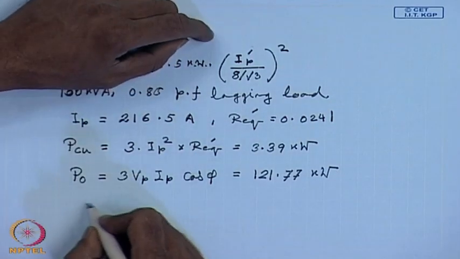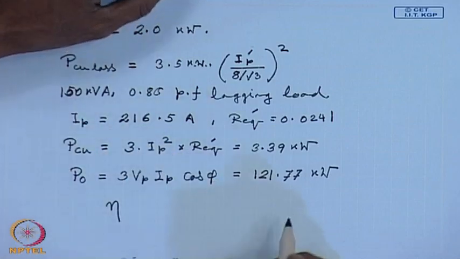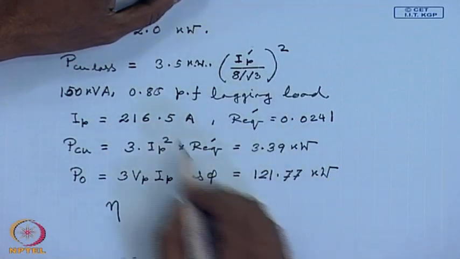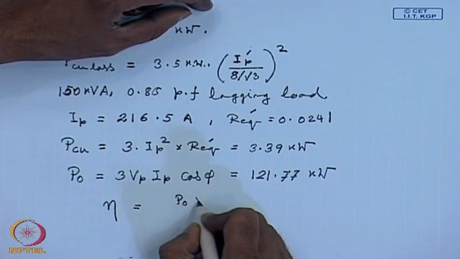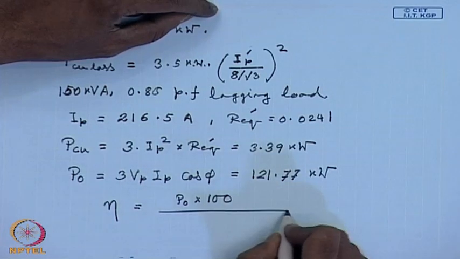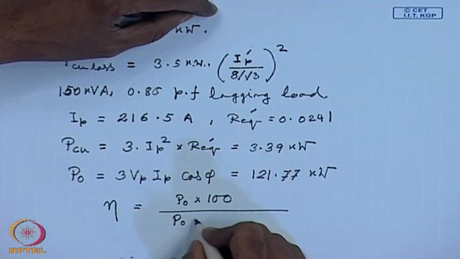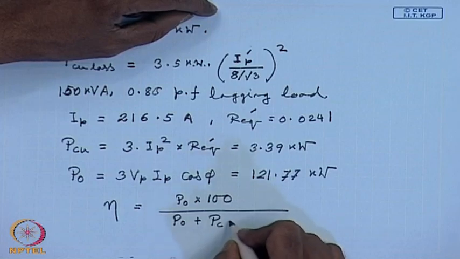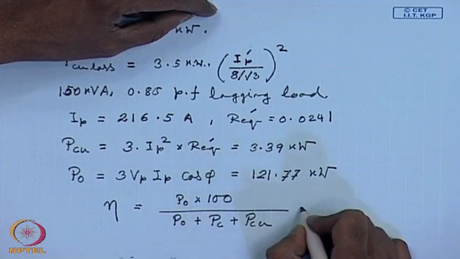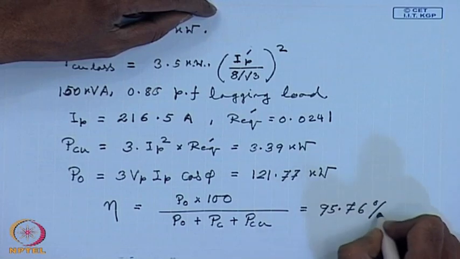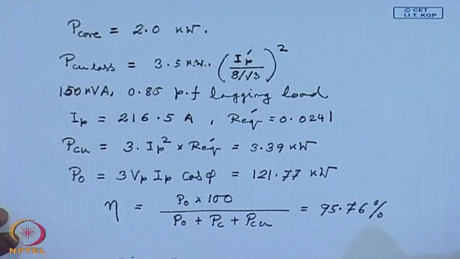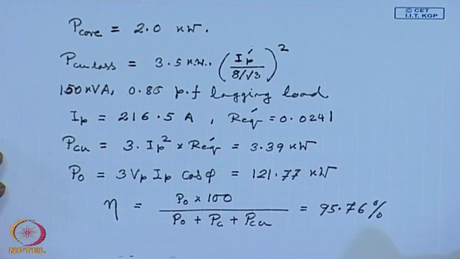Therefore, the efficiency of the transformer under this operating condition of 150 kVA 0.85 pf lagging, eta equals P 0 into 100 divided by P 0 plus P c plus P c u. This comes to 95.76%. So, we can find also the efficiency of a 3 phase transformer in a manner similar to what we have done for single phase transformers.